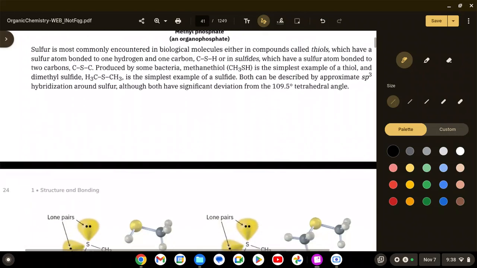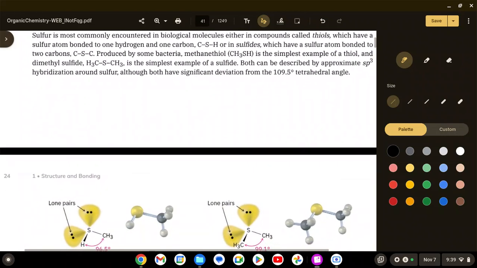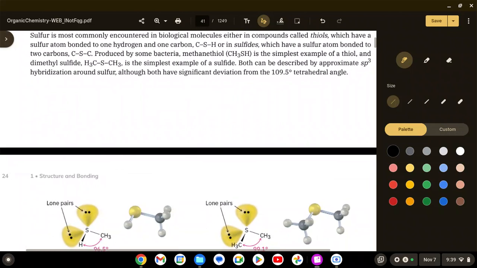Sulfur is most commonly encountered in biological molecules either in compounds called thiols, which have a sulfur atom bonded to 1 hydrogen and 1 carbon, CSH, or in sulfides, which have a sulfur atom bonded to 2 carbons, CSC, produced by some bacteria.